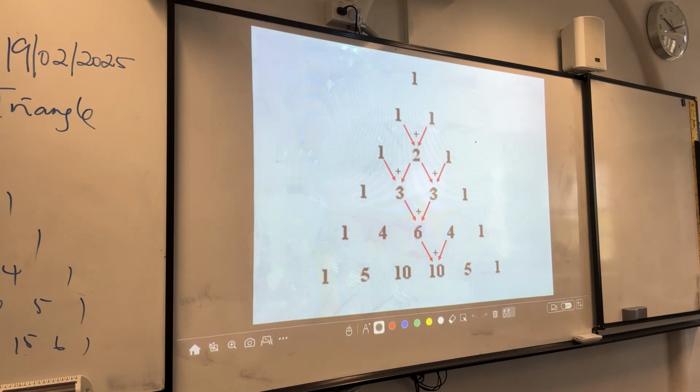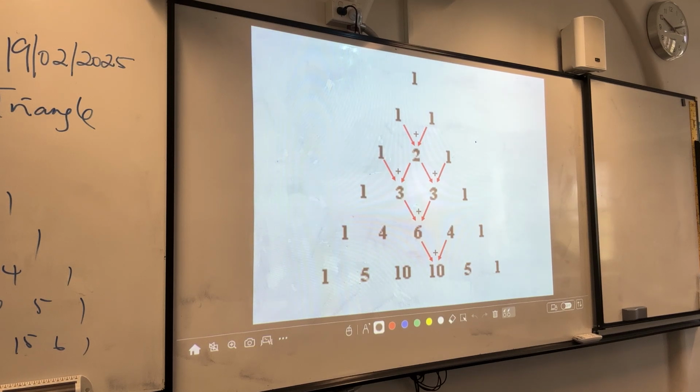I'll start off with 1, and then 1, 1, and then you know that these two numbers add up to 2, so it's 1, 2, 1, and these two numbers add up to 3. So it's 1, 3, 3, 1. You know that the outside of the triangle is always 1. So constructing it is just 1, then 1, 1, then 1, 2, 1, then 1, 3, 3, 1, and so on.